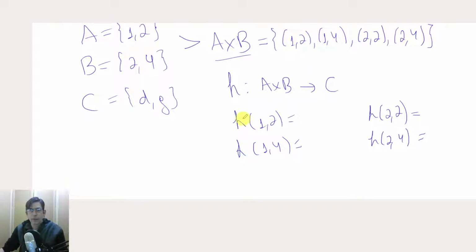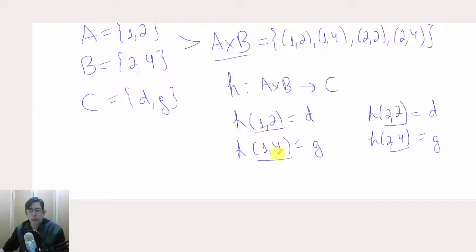Now, all I have to do is to choose. I choose D here, G here, D here, and G here. And the idea here is that this is one element of a set. This is one element, one element, one element. The element is a pair.